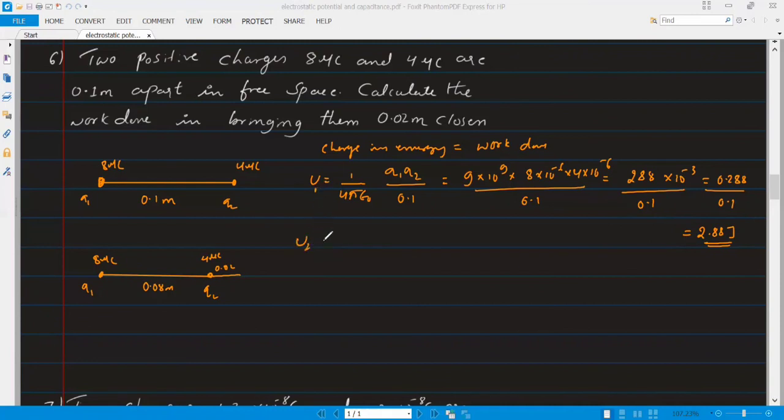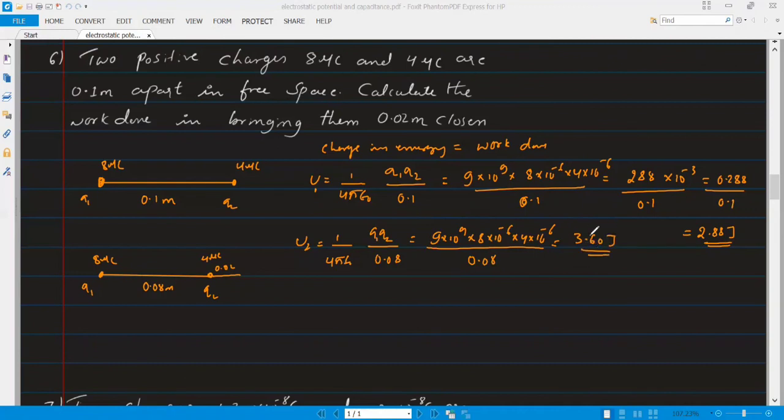This is the initial U1. Solving for U2, again the same formula: 1 divided by 4 pi epsilon naught Q1 Q2 divided by the distance, which this time is 0.08 meter. So if you solve for this, it is 9 into 8 into 10 to the power of minus 6 into 4 into 10 to the power of minus 6 divided by 0.08. Substituting and calculating, we get the answer 3.60 joule.